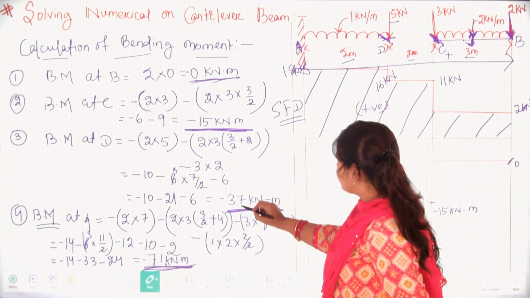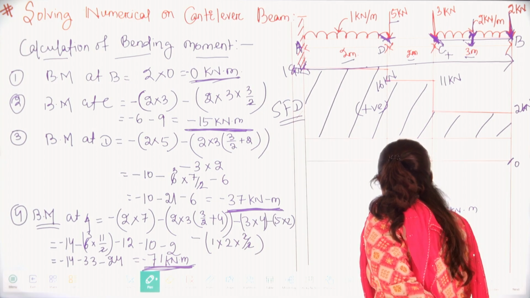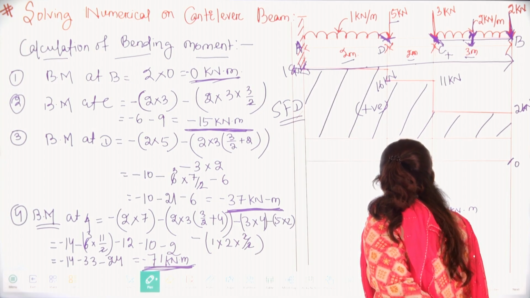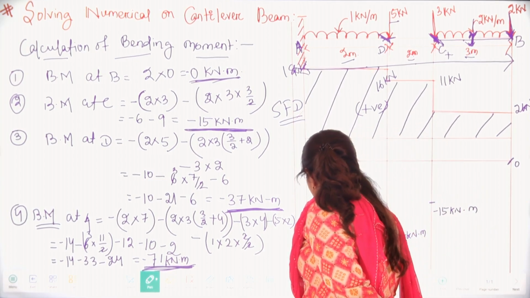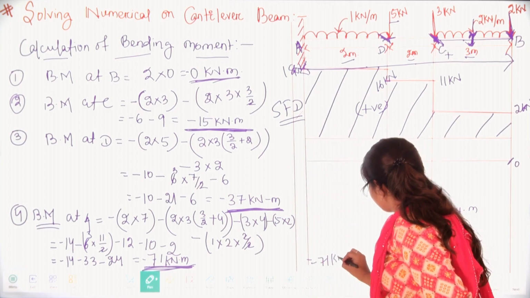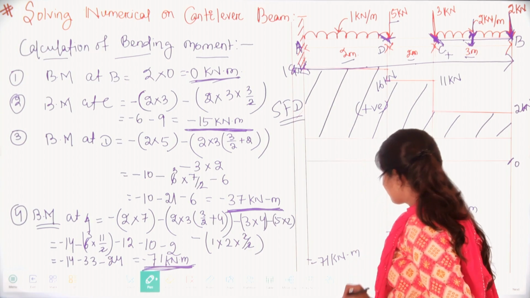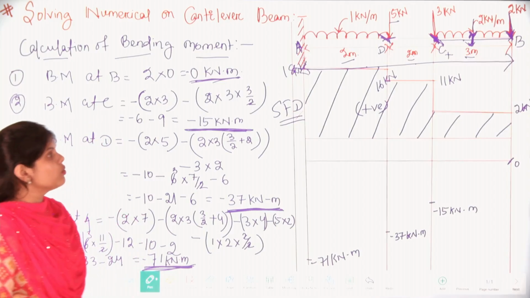Bending moment at D is minus 37 kilonewton meter. Here minus of 71 kilonewton meter. When we draw the bending moment diagram, we need to focus.